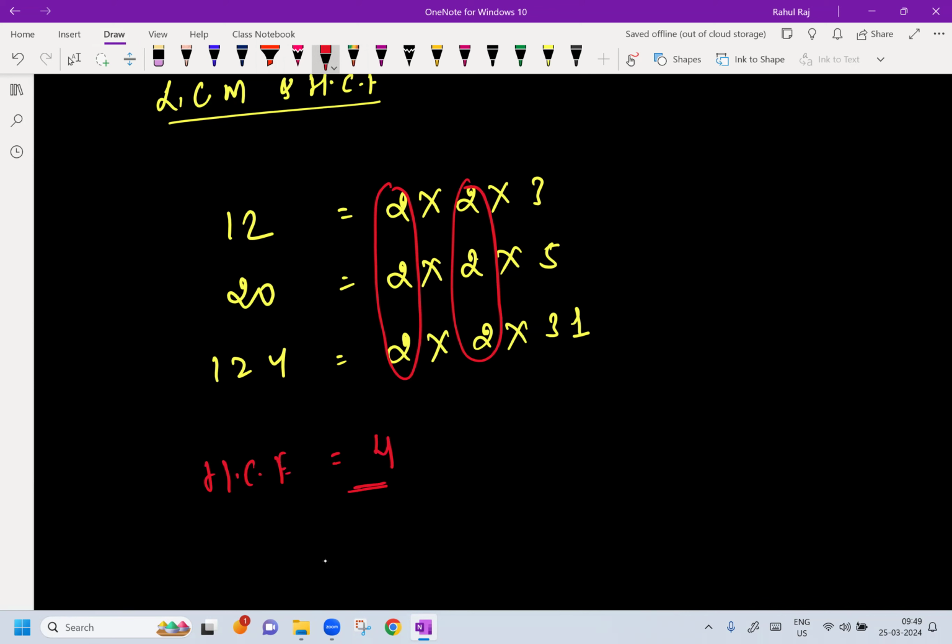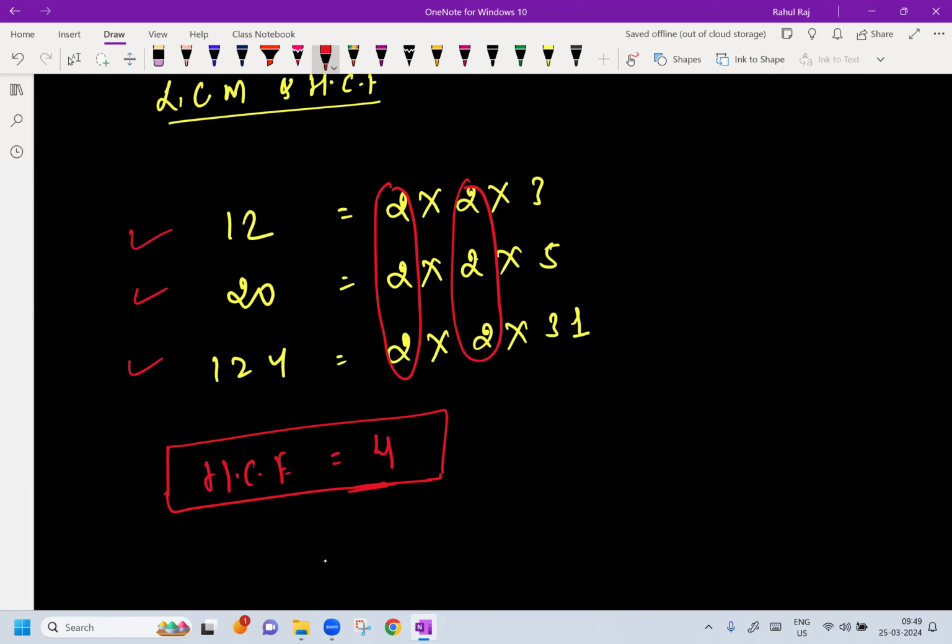HCF is 4 of which numbers? Of 12, 20, 124. But what do you understand by HCF is 4? Highest common factor. What do you mean by highest common factor, Alexa? When I say the HCF of 12, 20, 124 is 4, what is your understanding with this?